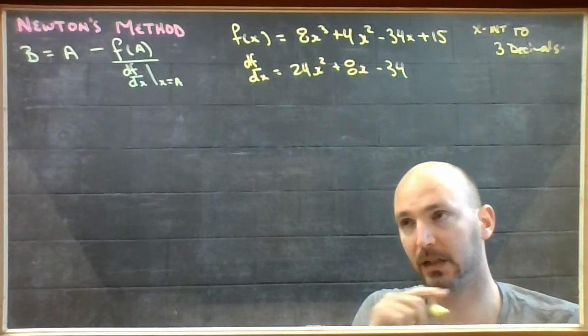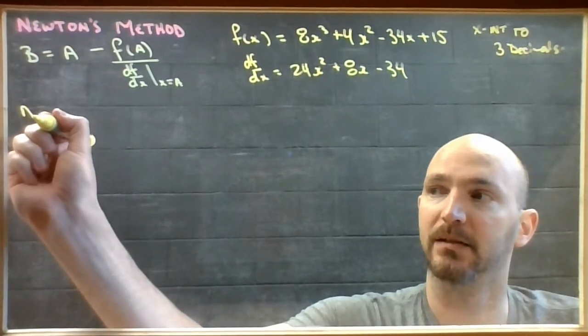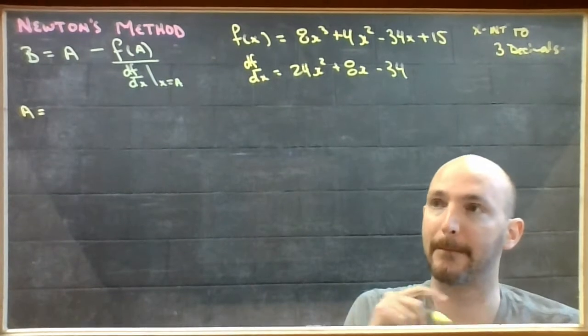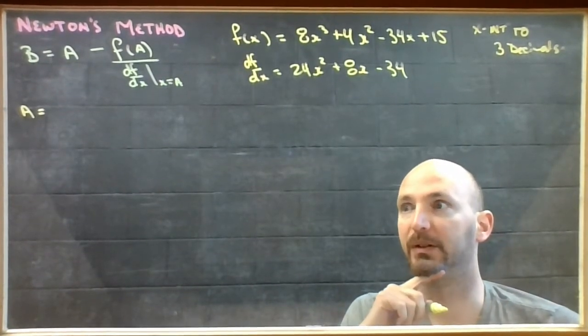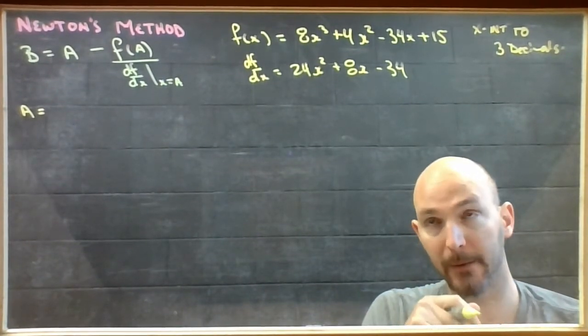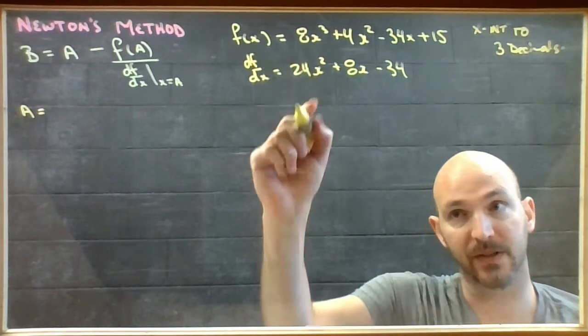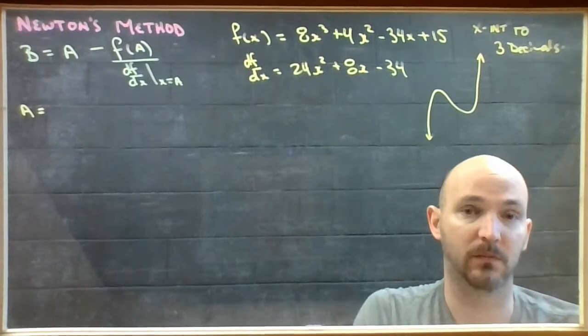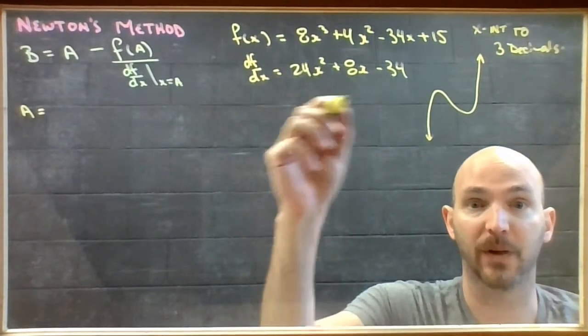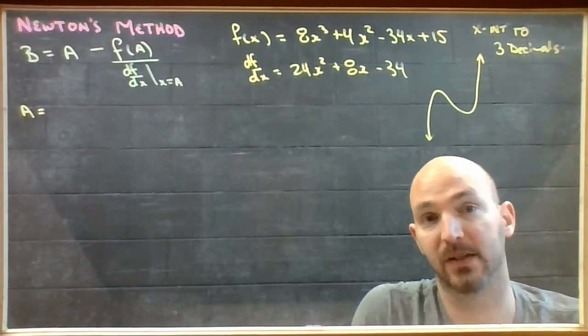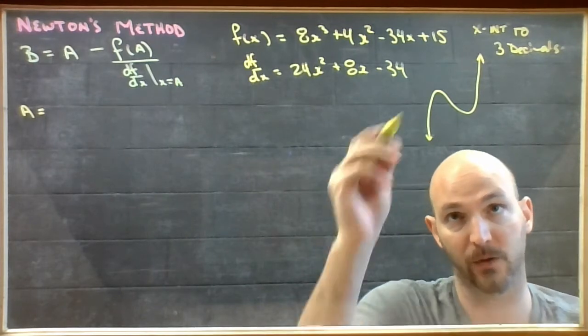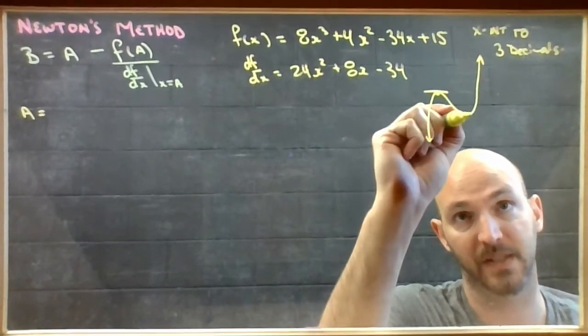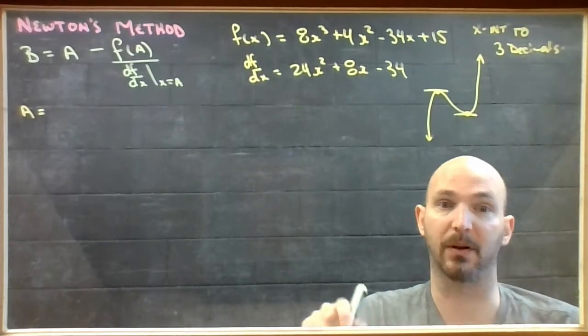Okay. So the next thing I'm going to need is a guess. So what to do about that? Well, this function is a cubic. It does something like that. I have a derivative that's quadratic, so I could plunk that into the quadratic formula, and I could find the location of this spot, and I could find the location of that spot.